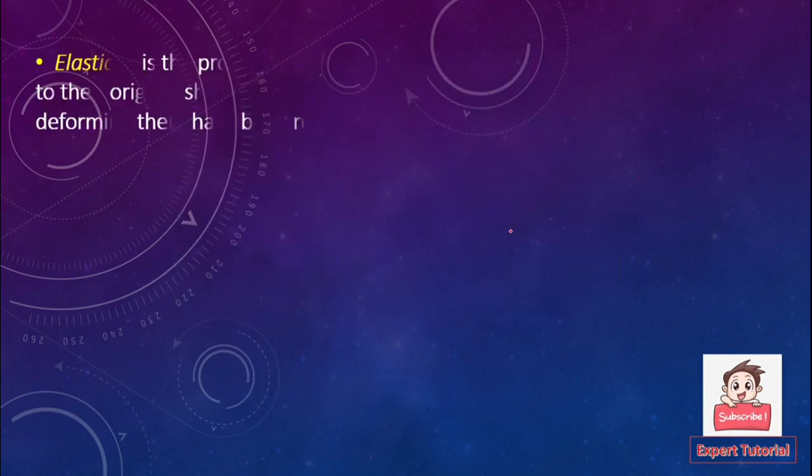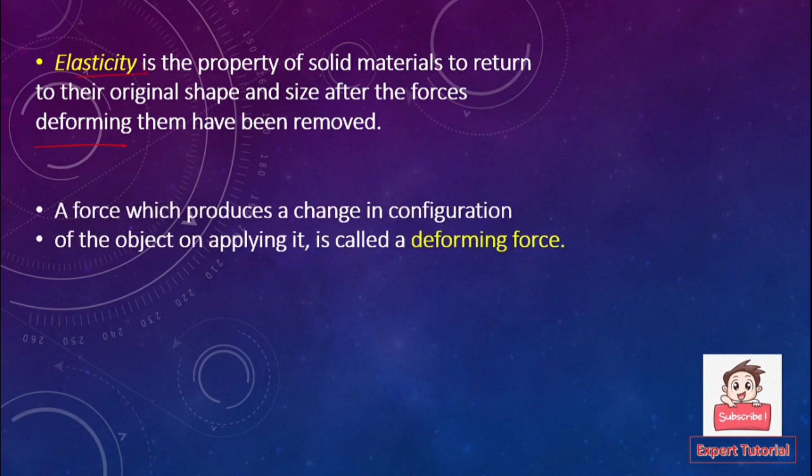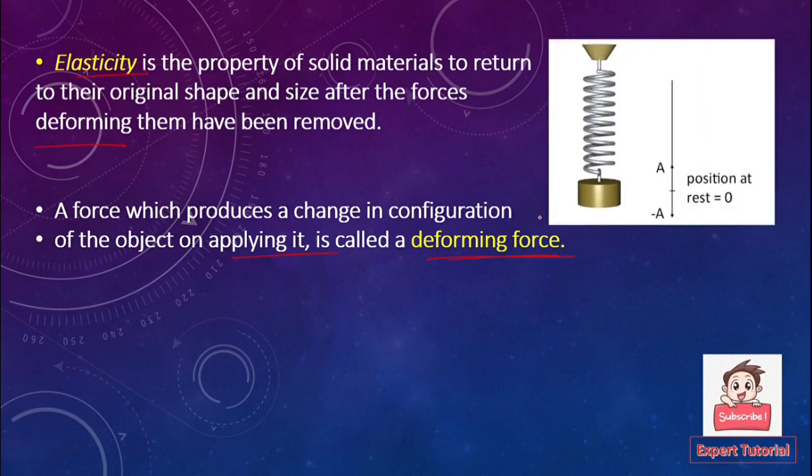And this property of solid materials to return to their original shape and size after the removal of the deforming force is known as elasticity. And the force which produces a change in the configuration of the object on applying it is known as the deforming force. See here, this is the deforming force I have applied.